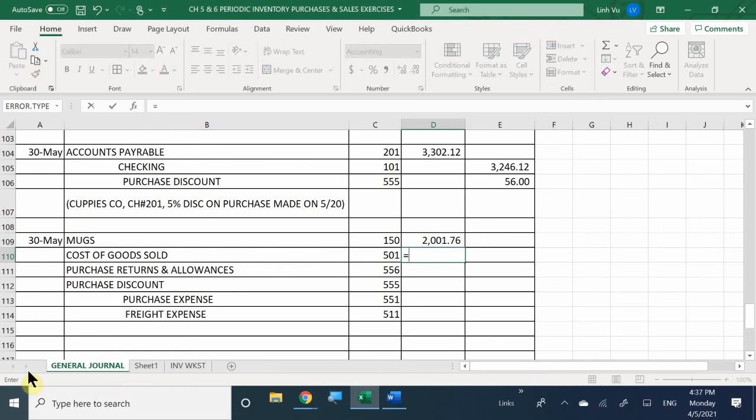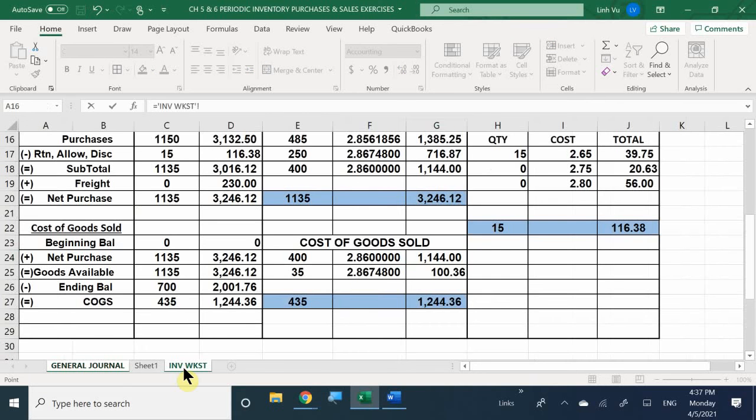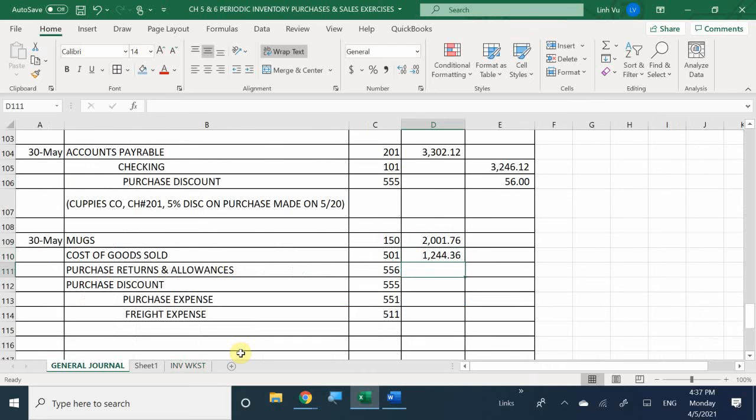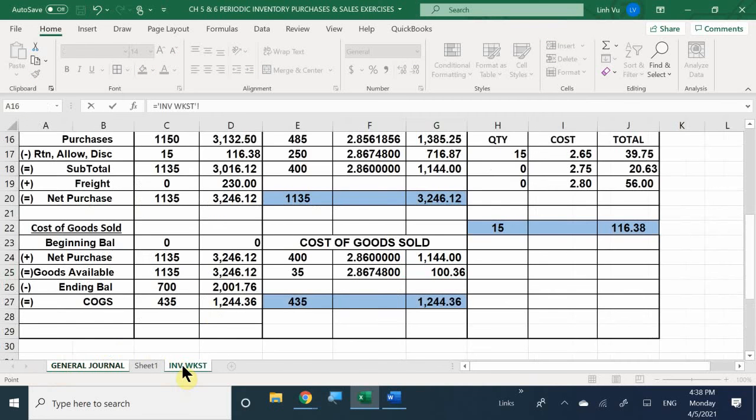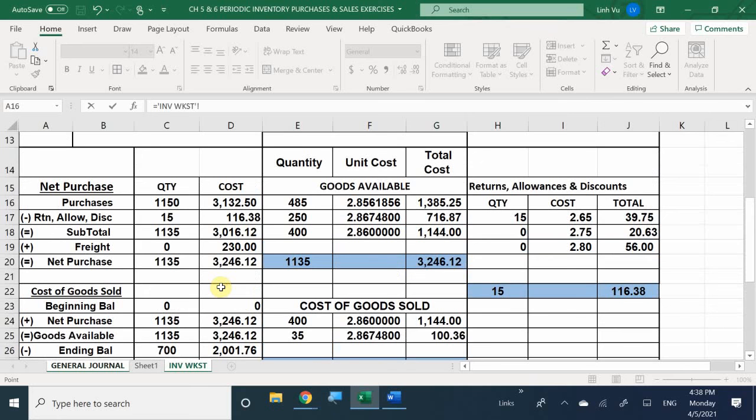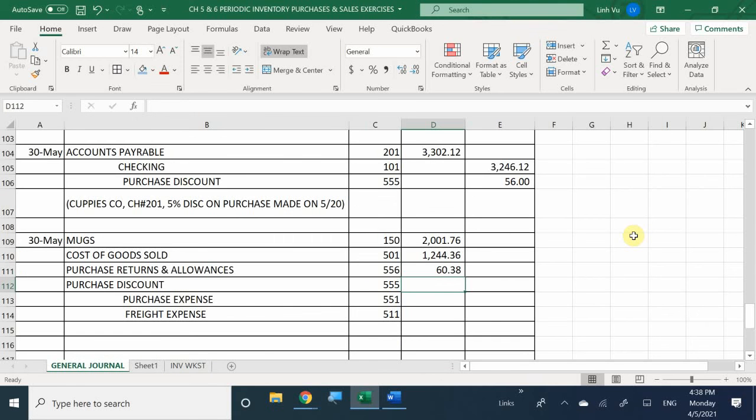What was my total cost of goods sold? $1,244.36. Good. What was my total purchase returns and allowances, without the discount? 1638. 1538. So I'm going to calculate this one plus this one to get 6038.